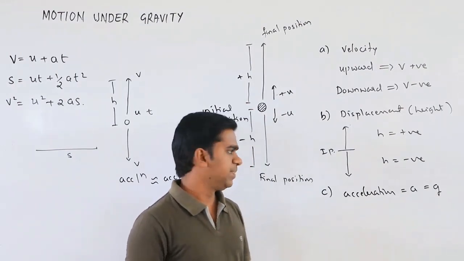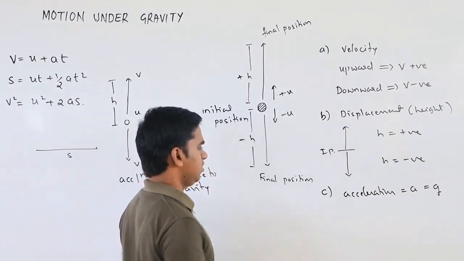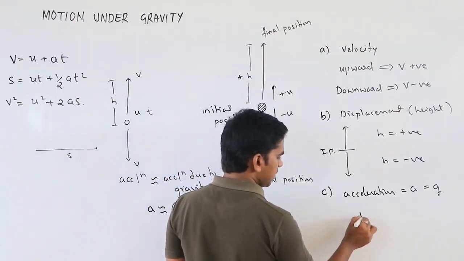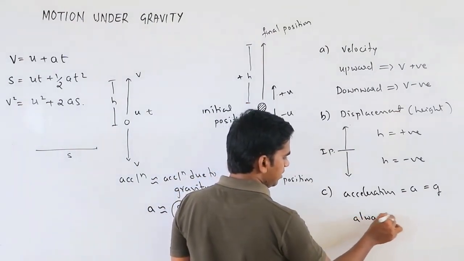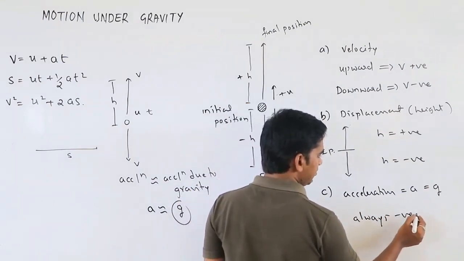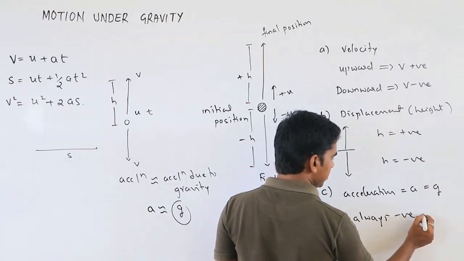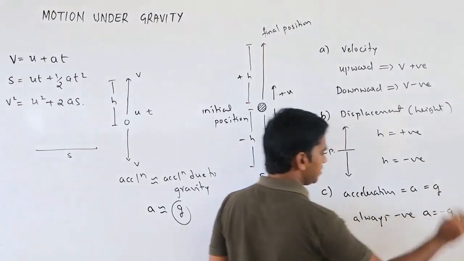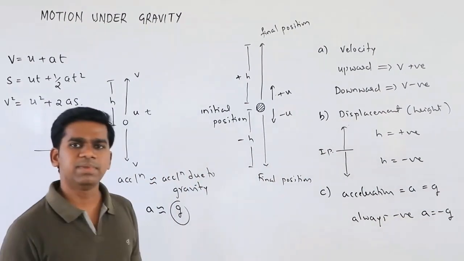Better we go with taking g always negative. If you take g always negative, this will become a equals minus g.